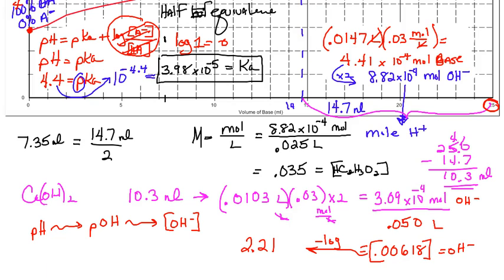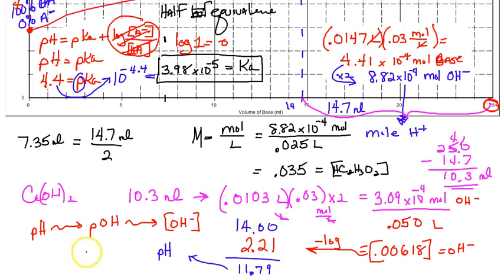So 14 minus this, and I get approximately 11.79, which is equal to my pH.